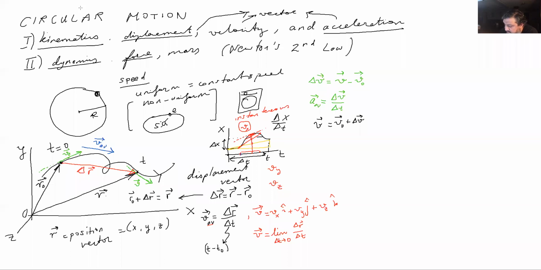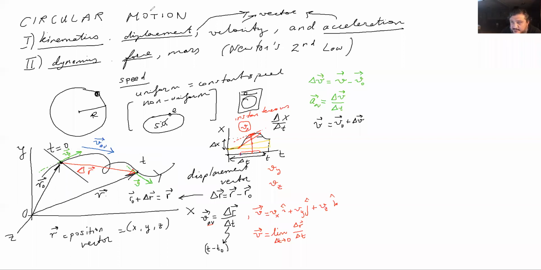Let's see if this will work. Yeah, that's the line, right? Now, what happens if I carry this line over here? Okay, the direction did not change, so I'm going to take v naught and draw it again.